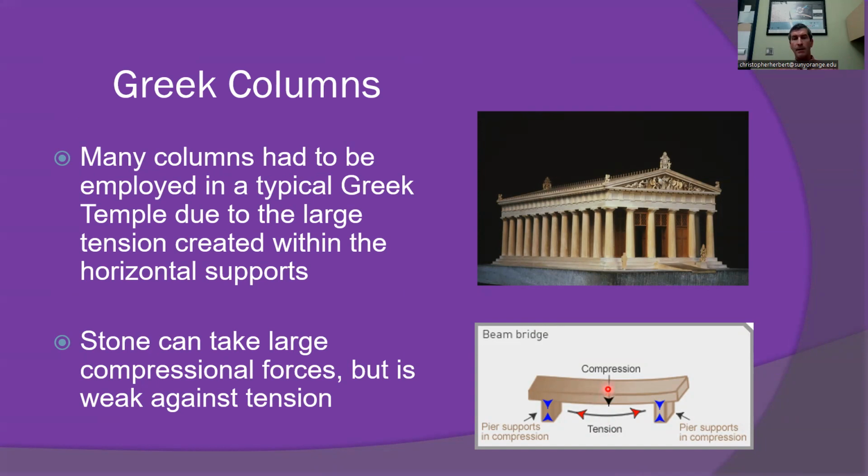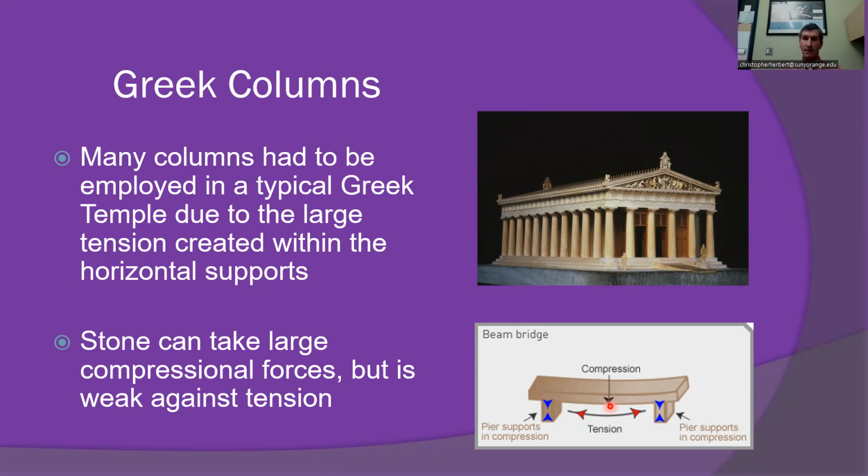If I bend it, the concave part of it is going to be compressed. So the stone will do very, very well under compression, but it's very, very weak under tension. So if I put two supports on either side of this big stone slab, its own weight will tend to cause it to fail at the center as a fracture develops due to the tension on the underside.